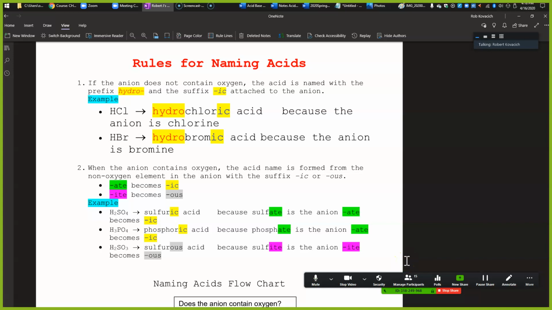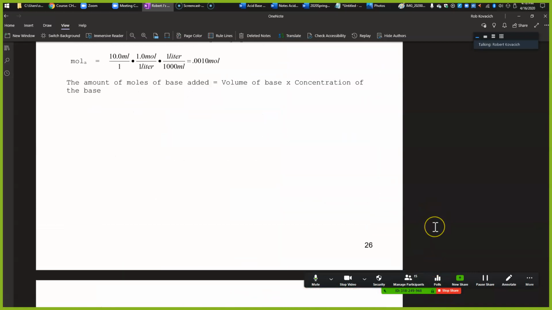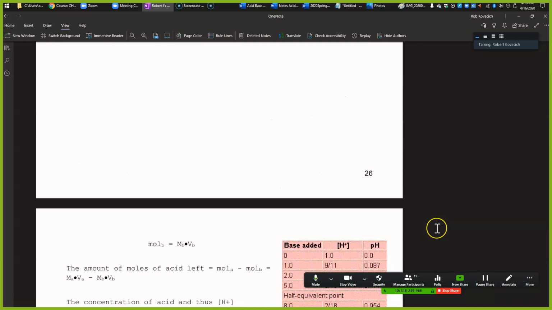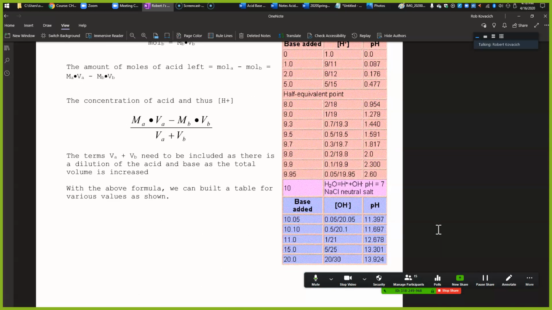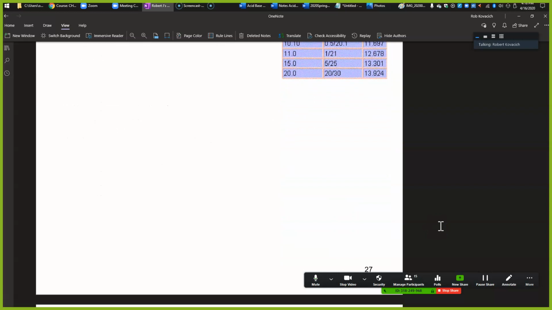Okay, so to calculate concentrations and changes for acids and bases, I gave a pretty complex, this is every step you need to know, and you could do all of these pieces. After I've added 9.8 milliliters, what would the pH be?